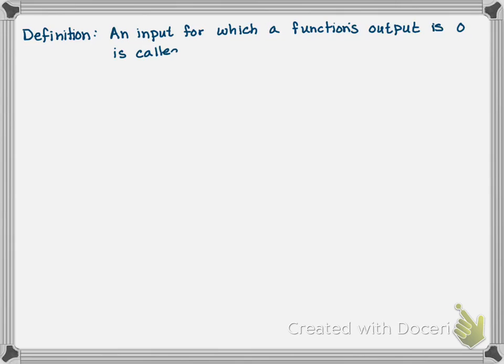So an input for which a function's output is 0 is called a zero of the function.